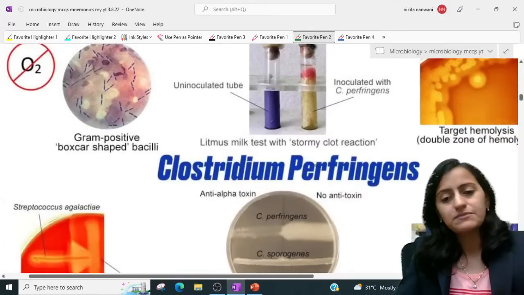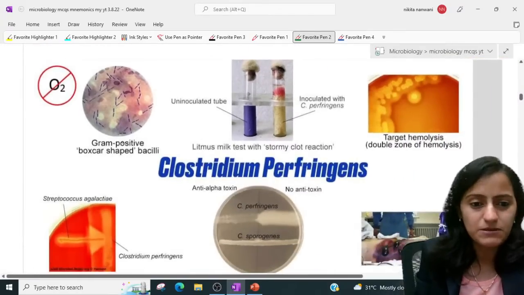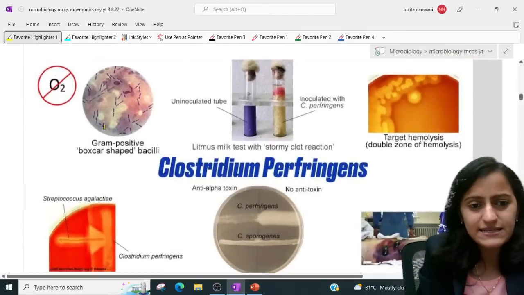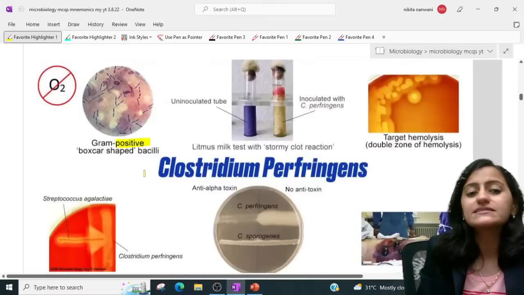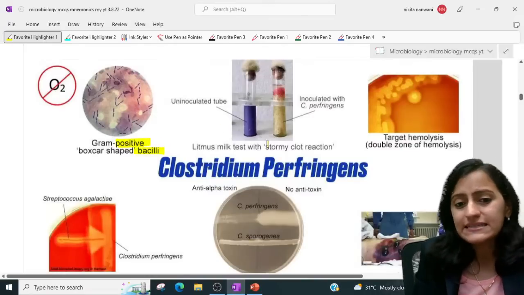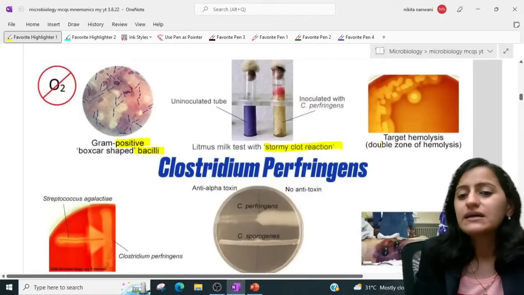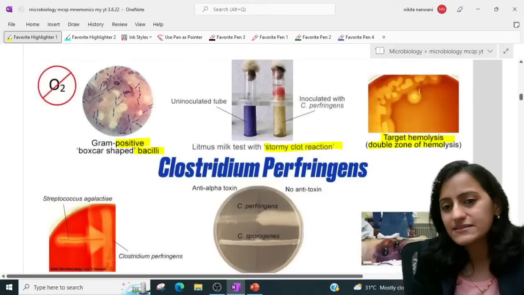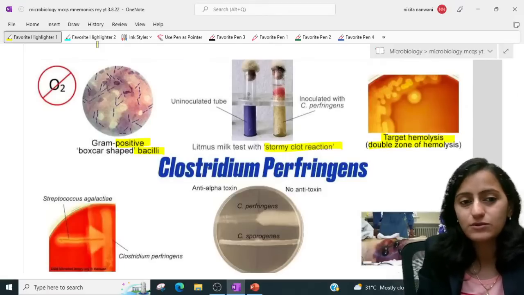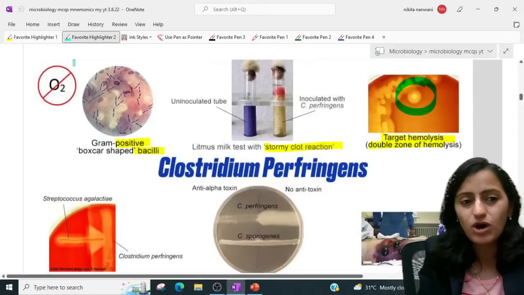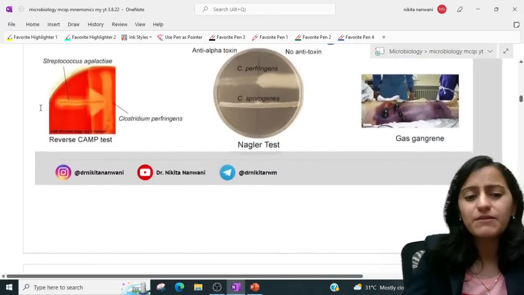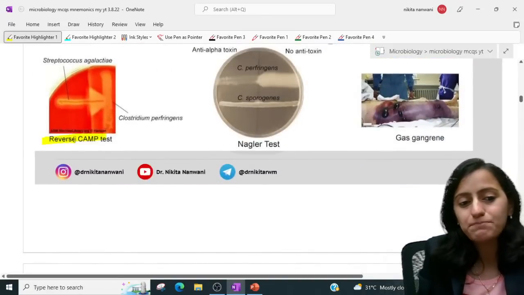So all these are the important points for Clostridium. Please keep in mind that it is gram positive bacillus. Stormy clot reaction and target hemolysis, that is double zone of hemolysis, is what it shows. Then remember also the reverse CAMP test.